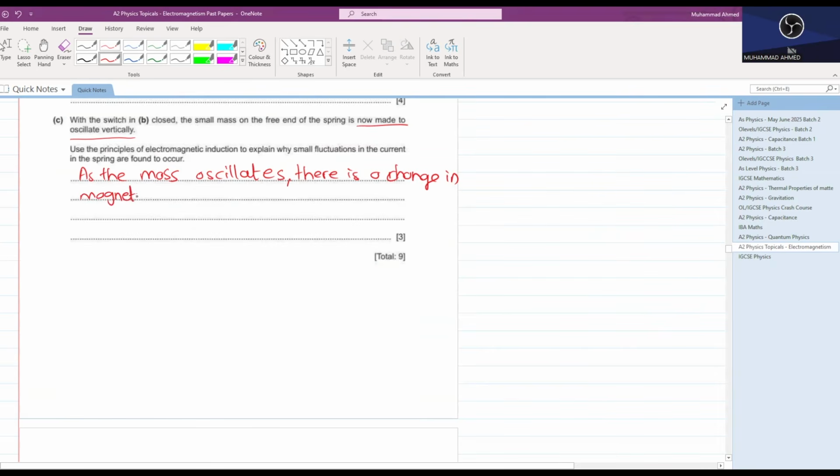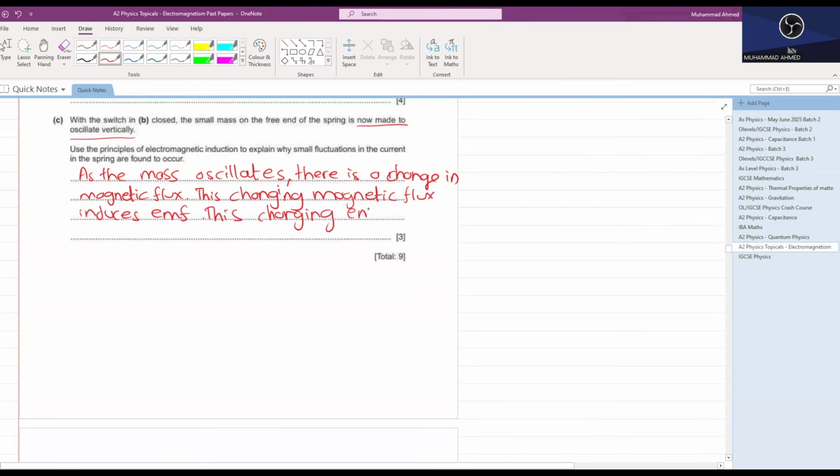Okay, what will happen due to this? This changing magnetic flux induces EMF.